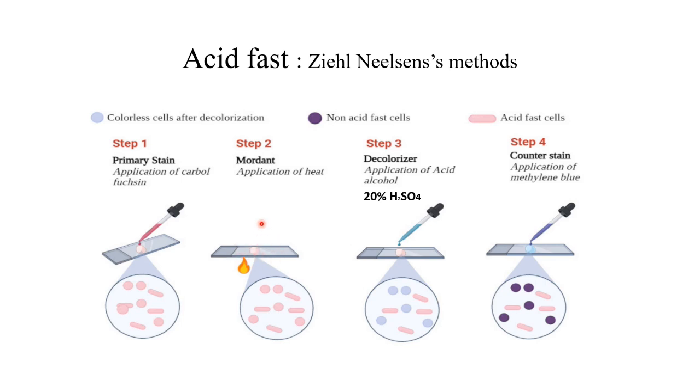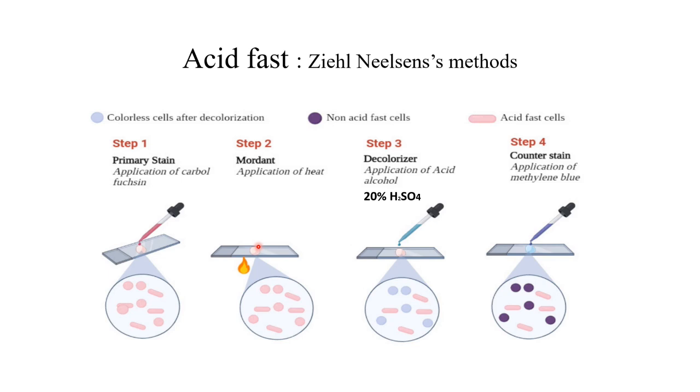The bacterial cell wall is generally thick in Mycobacterium tuberculosis and other acid-fast bacilli. While heating, the cell wall of this organism becomes thin so that the stain easily enters into the bacterial cell wall.